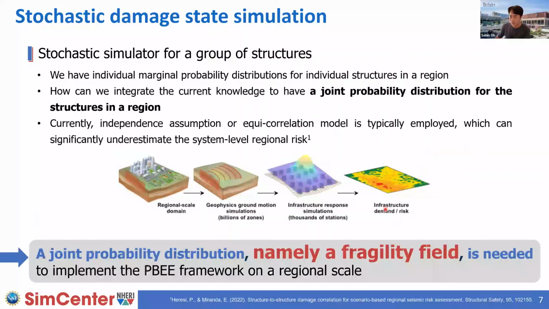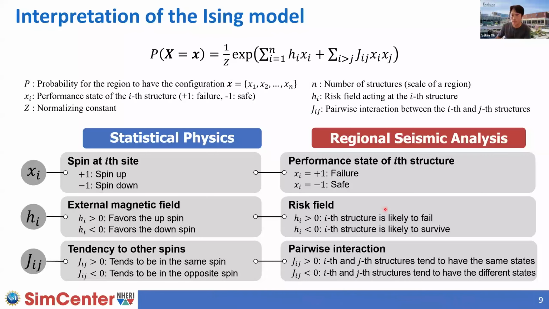Just like that, the Ising model and the fragility field take the earthquake scenario and give you the probability of each configuration of a region. By configuration, I mean the response of a region.